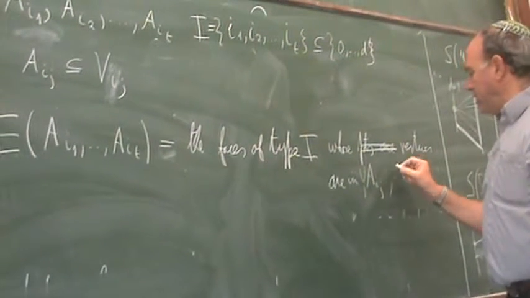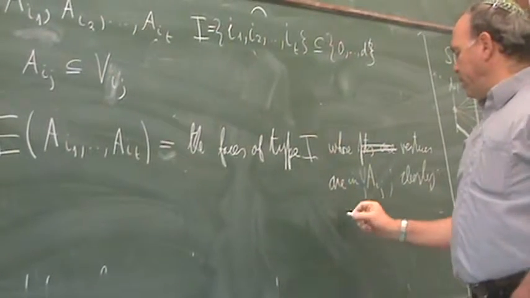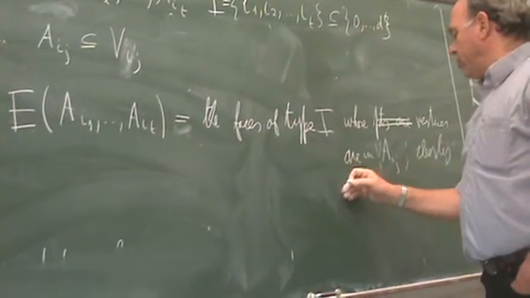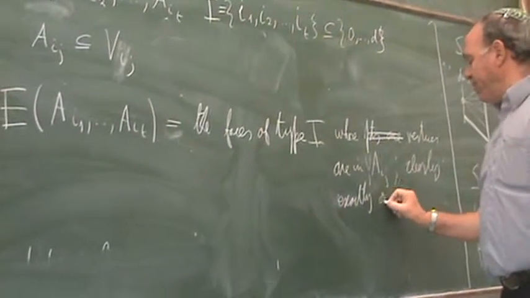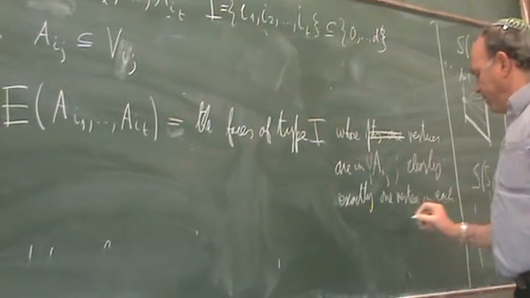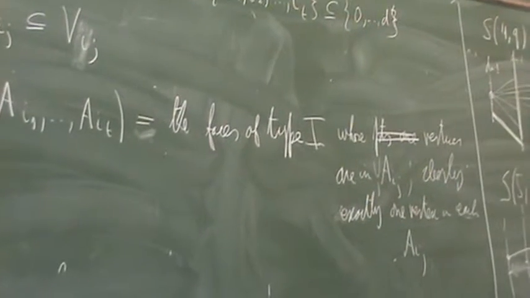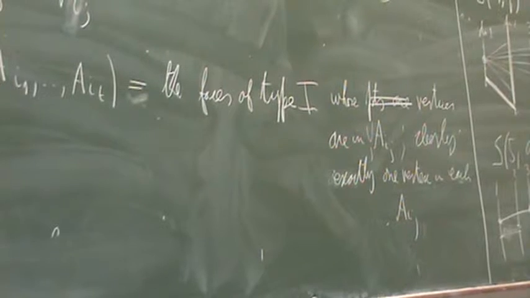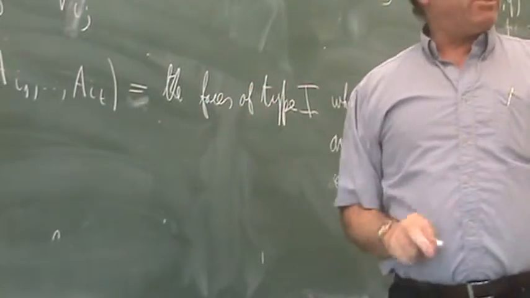Clearly, exactly one vertex in each A_{ij}. I'm taking the faces so that the legs of the face, namely the vertices, are inside these specific subsets in V_{ij}.